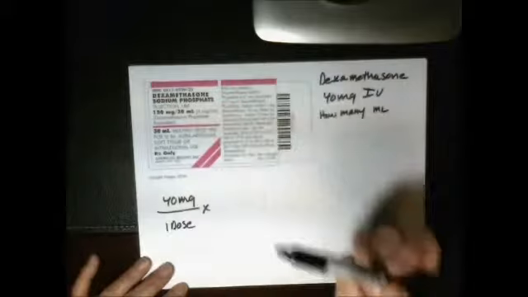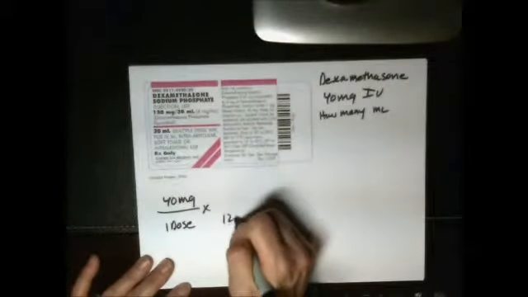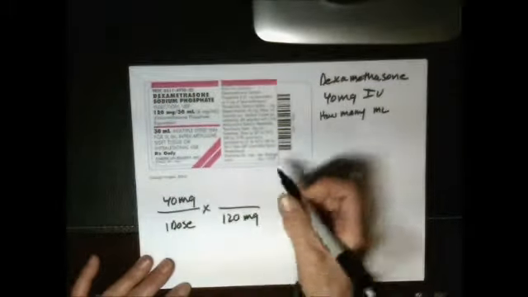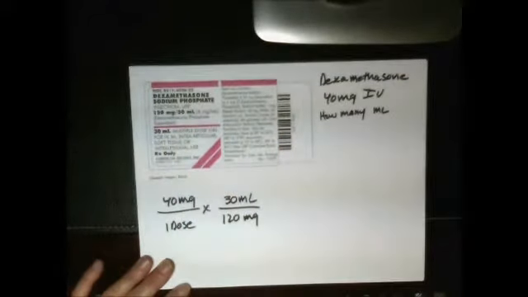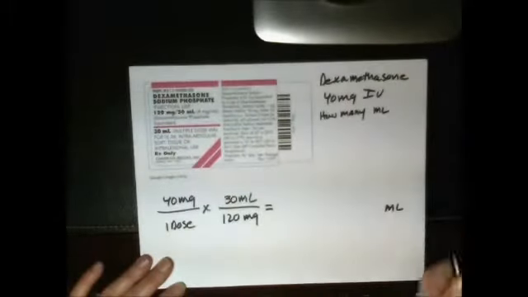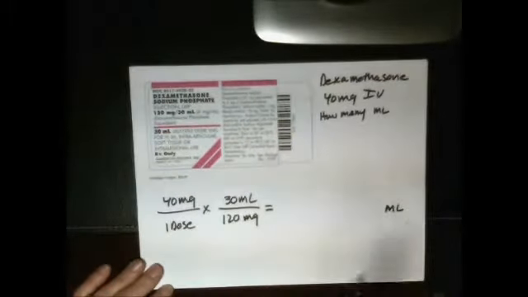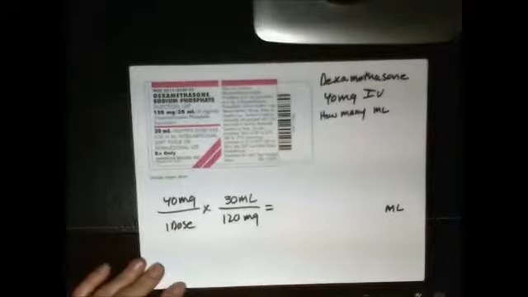And my available dose is 120 milligrams in 30 milliliters. This is a multi-dose vial. So I want my answer in milliliters. Again, in my organizational plan, I'm going to put that over here so I know just what I'm looking for.